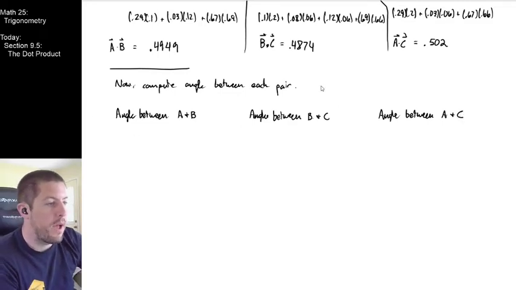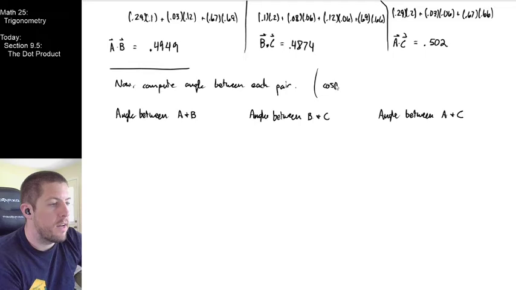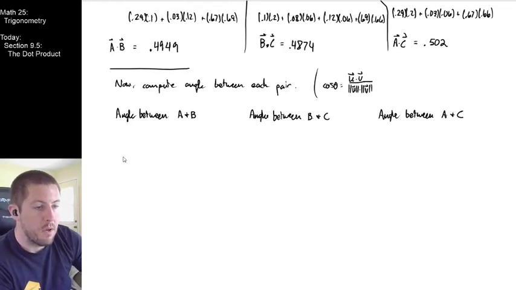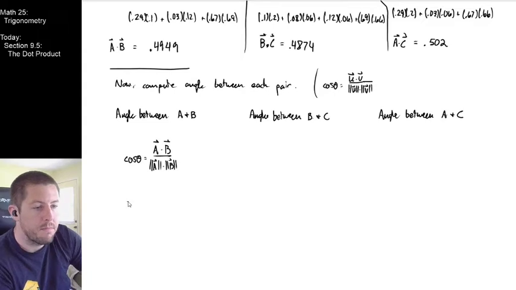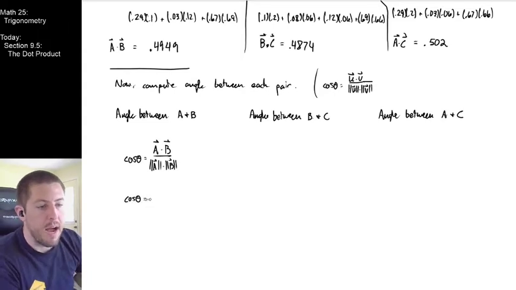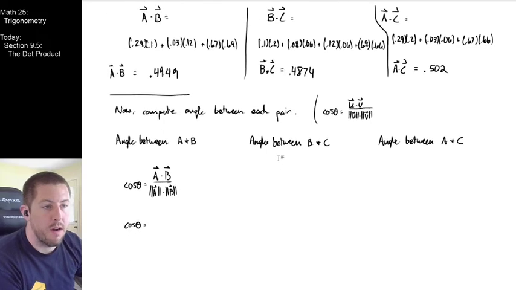So remember that we're going to use the formula here. Cosine of theta equals the dot product of the two vectors divided by the magnitudes of the two vectors. So the cosine of theta equals vector A dotted with vector B, which we've already computed above, divided by the length of vector A times the length of vector B. Well, I've got all this information already because we're smart and we worked it all out, right?